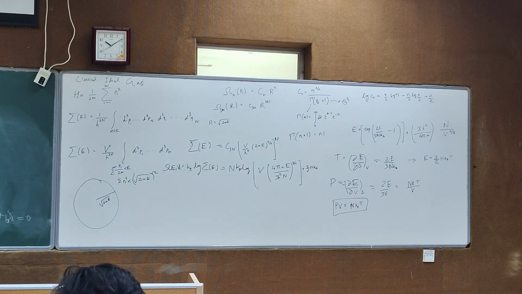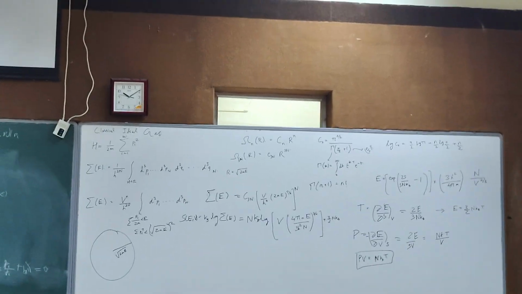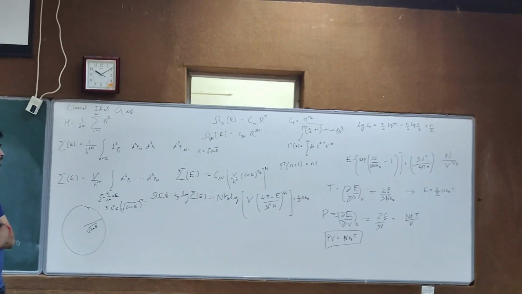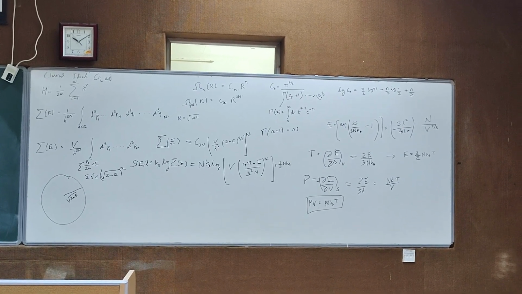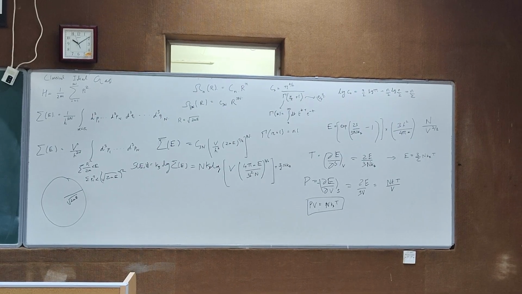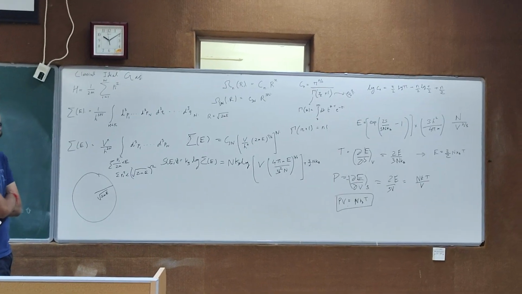You calculated sigma E using an assumption that uncertainty h by cube is inside. So this gives you an approximate order of the number of states, right? This won't be the actual number of states. You can't say this is the actual number of states. But because you're taking a log, it doesn't matter.